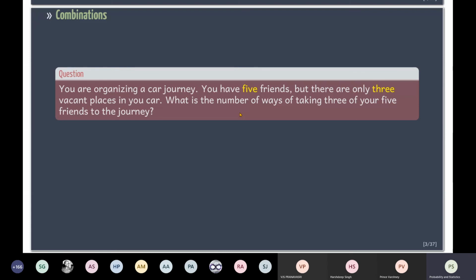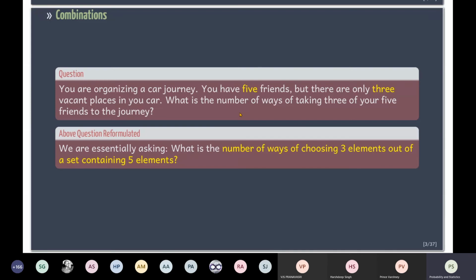Most of you will say immediately what the answer is. Another way to reformulate this problem is: what is the number of ways of choosing 3 elements out of a set containing 5 elements? We know by now the n choose k form, so these are the ways we find combinations.